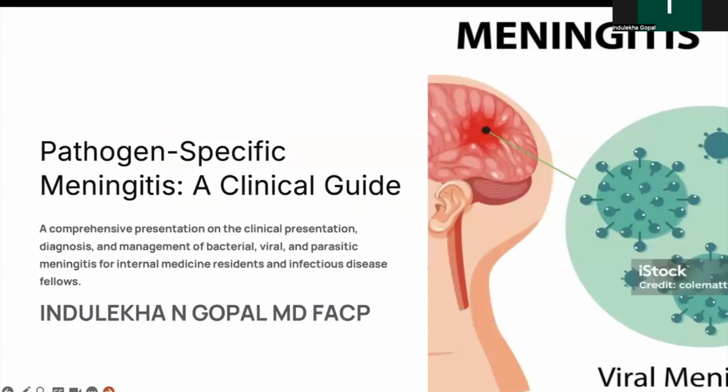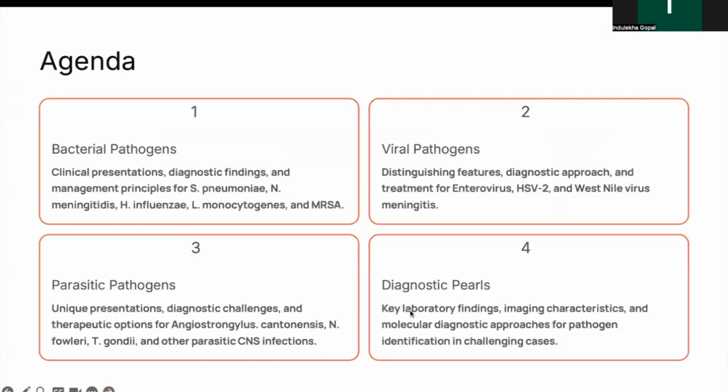I'll be talking about bacterial pathogens, the clinical presentation, diagnostic findings, and management principles of strep pneumo, Neisseria meningitis, H. influenza, Listeria, MRSA, viral pathogens, enterovirus, HSV2, West Nile virus. We'll talk briefly about the parasitic pathogens, Angiostrongylus, Naegleria, and other parasitic CNS infections, and we'll be talking about some diagnostic pearls.